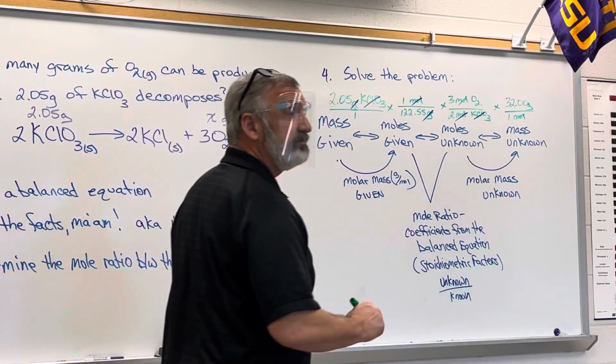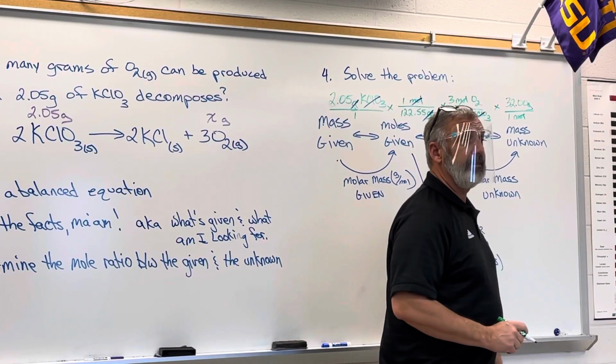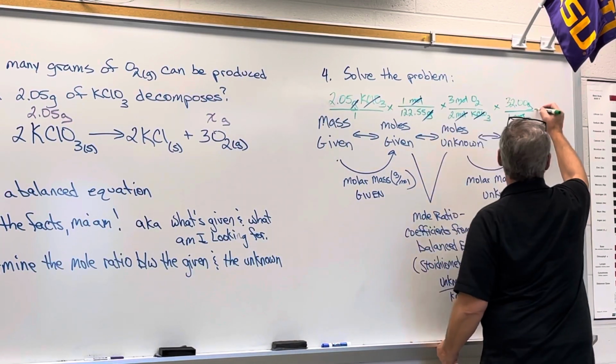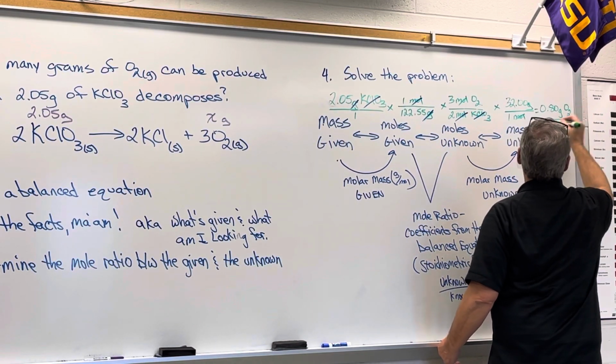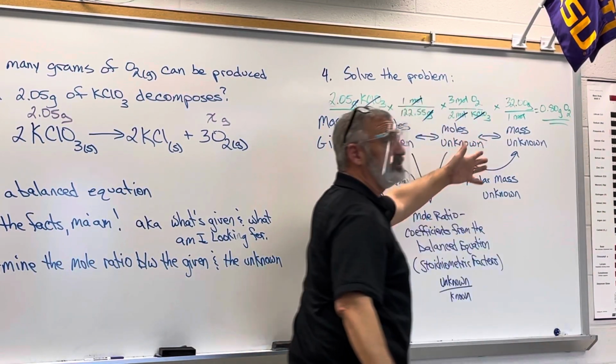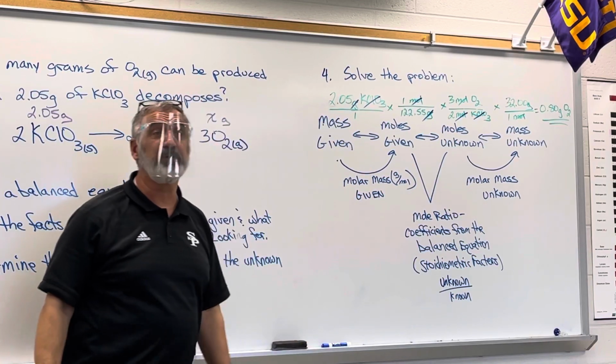What do we get? Let's use the phone calculator. 0.80. 0.80 grams of oxygen. So that's about how much oxygen was given off in our lab, about 0.8 grams worth of oxygen.